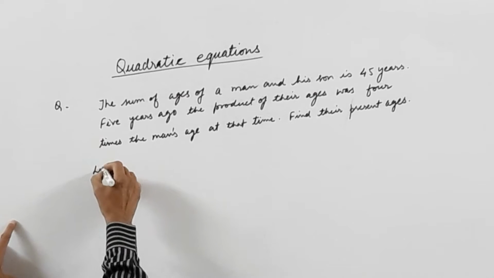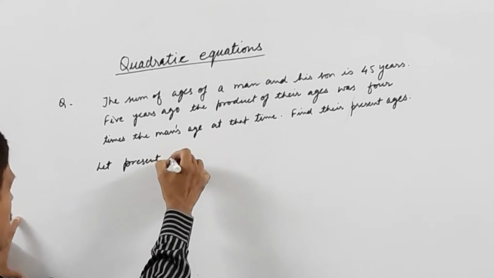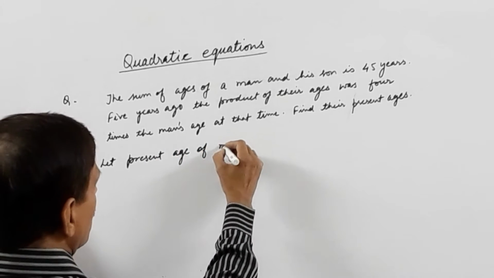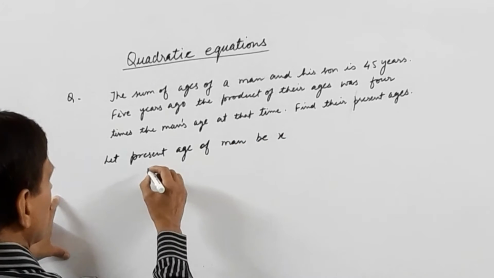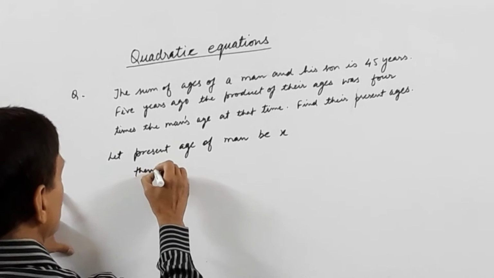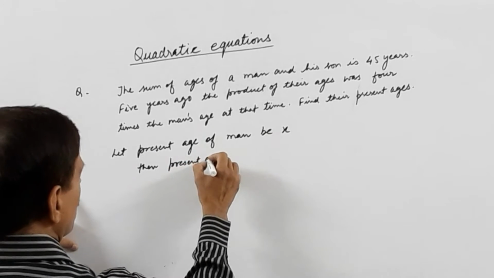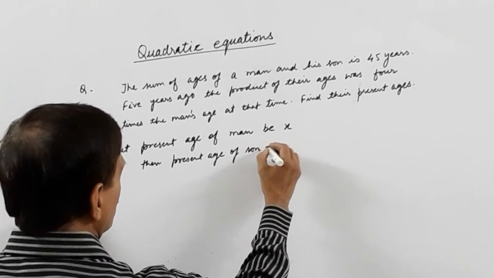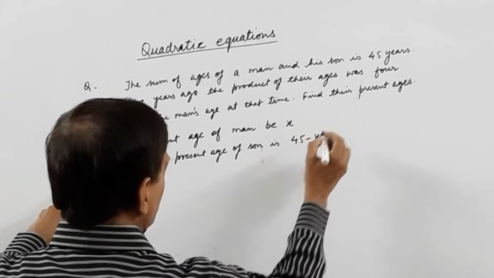Let the present age of the man be x, then the present age of the son is 45 minus x.